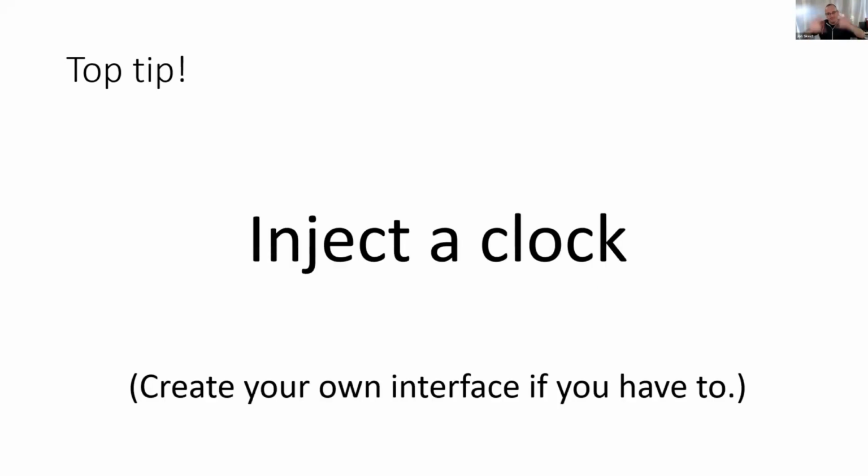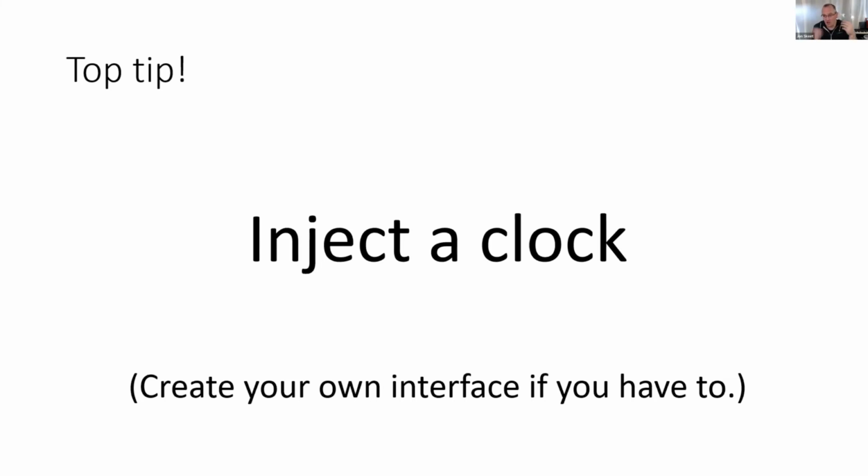So my first big tip, and if you want to take away one concrete thing you could start doing today if you're not already doing it, is to inject a clock. And by inject, I mean like dependency injection. So Noda Time and java.time already have interfaces. It's just called clock, java.time.Clock for Java, or IClock in Noda Time.